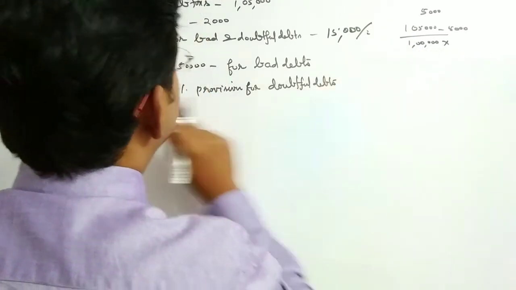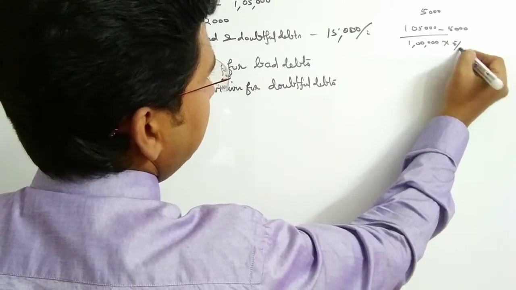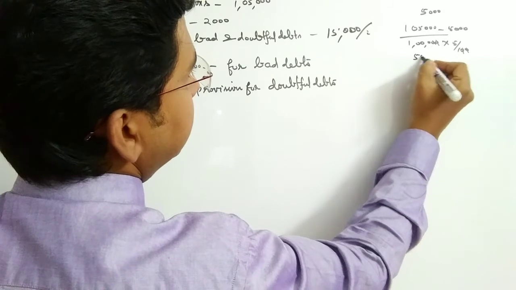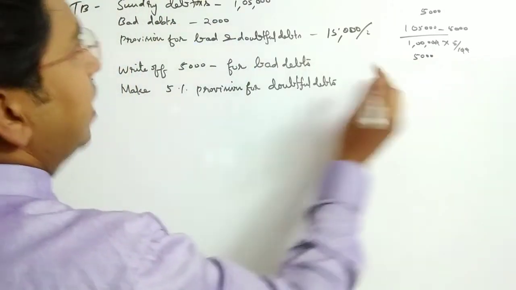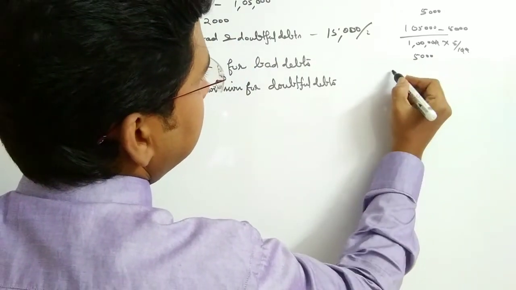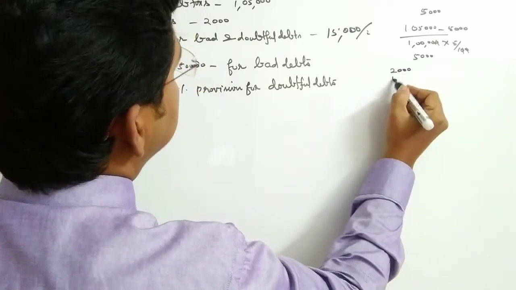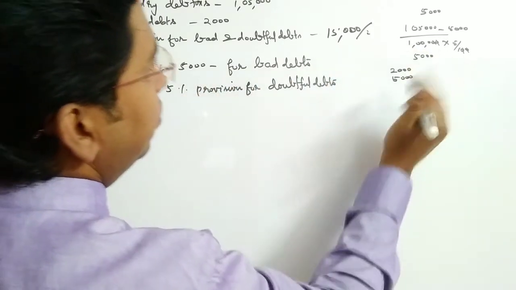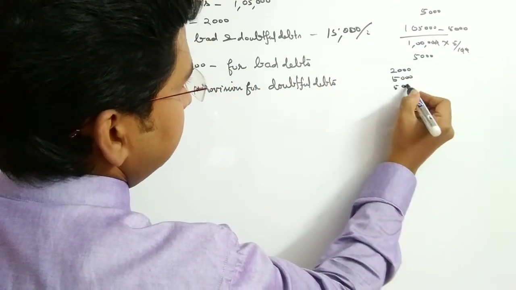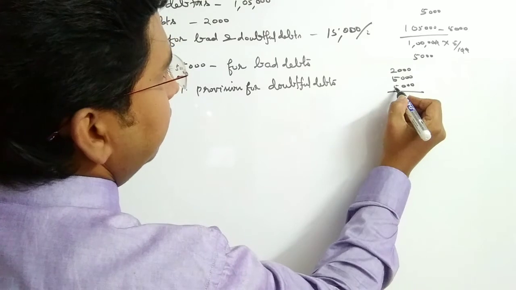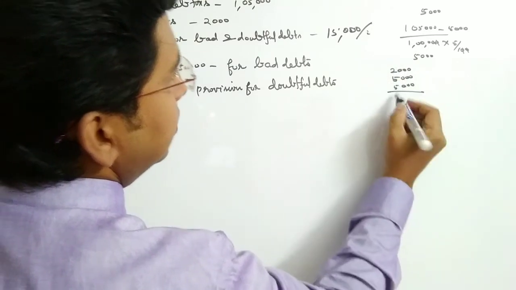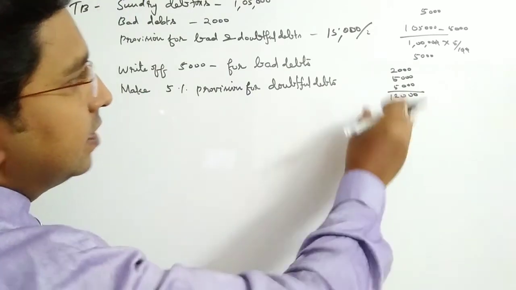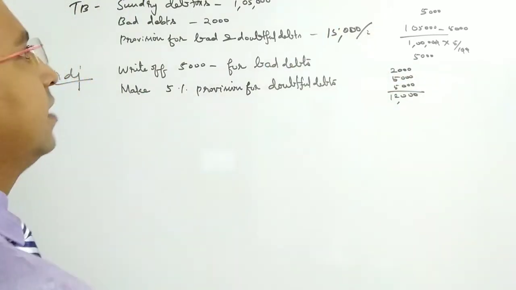Out of that we need to make a provision for bad and doubtful debts. We cancel 2 zeros, so 5,000. Just add everything: 2,000 plus 2,000 plus new bad debts 5,000, then the new provision is 5,000. Roughly, 5 plus 5 is 10, plus 2 is 12,000. So 12,000 is lower than the trial balance provision.